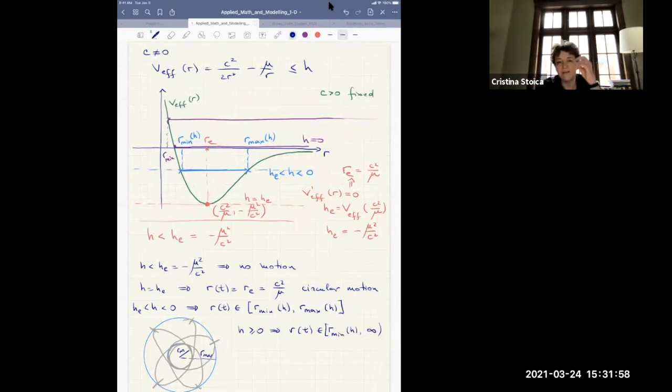So if it has enough energy, where is the energy hidden in this thing? Remember, the energy is this thing, right? So there's the energy formula. So I'm talking about this. This is a sum of the potential and the square of the velocity.